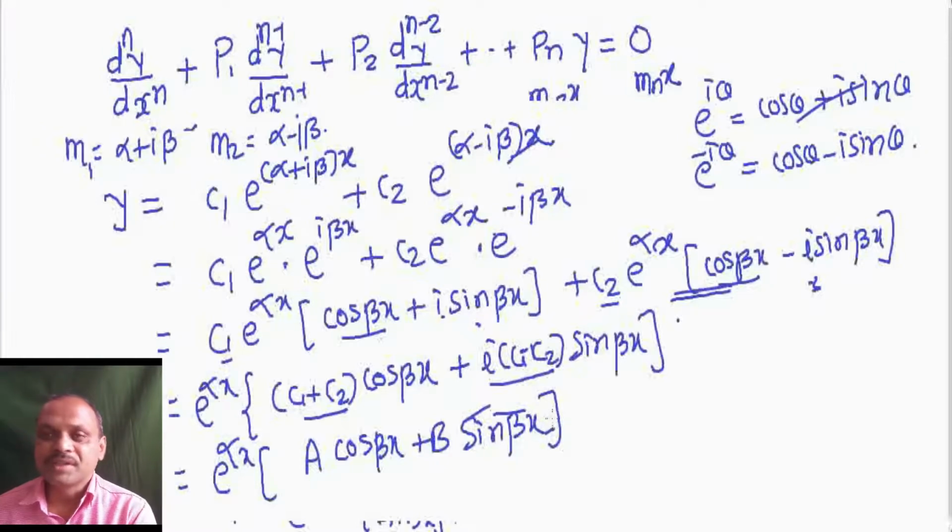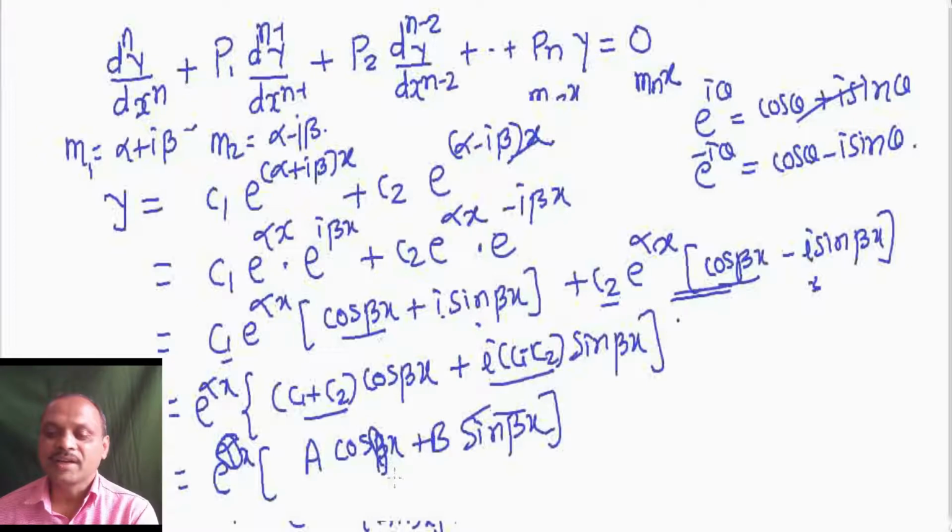So remember these things: when the roots are m1 equals alpha plus i beta and m2 equals alpha minus i beta, then for this pair of imaginary roots, alpha is the real part, which goes in e^(alpha x), and the imaginary part goes in the angle.